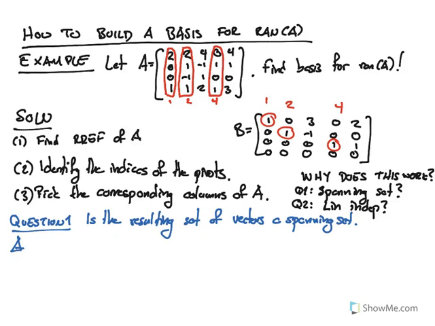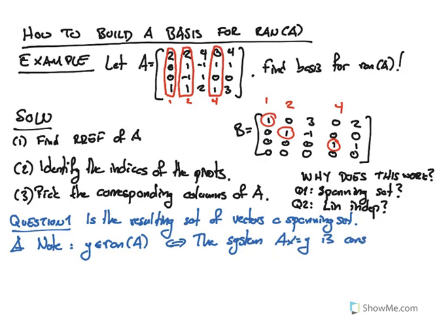And the answer is yes, so we'll motivate why. So note that y belongs to the range of A. This happens if and only if the system AX equal to Y is consistent.